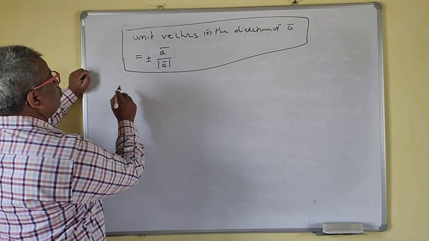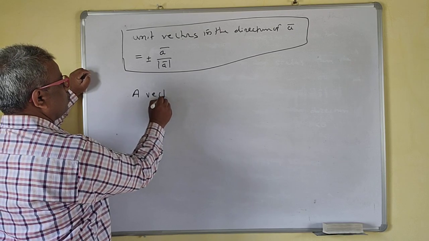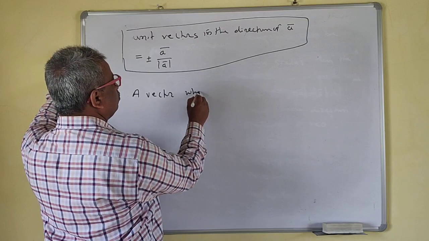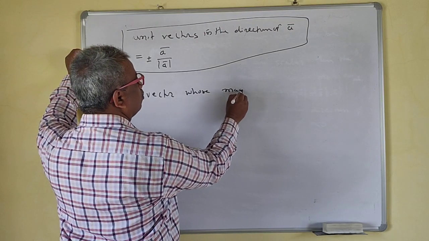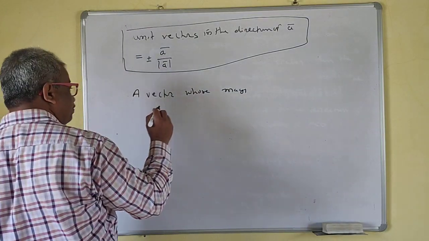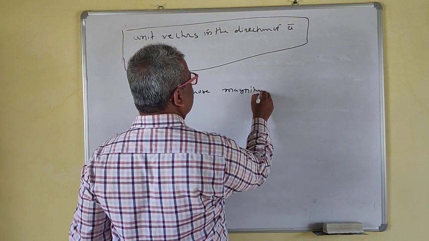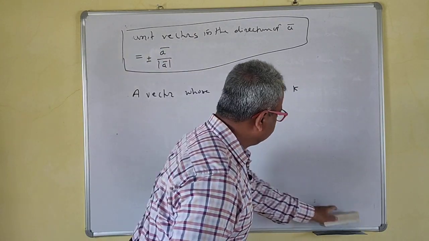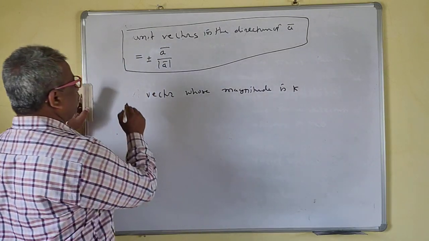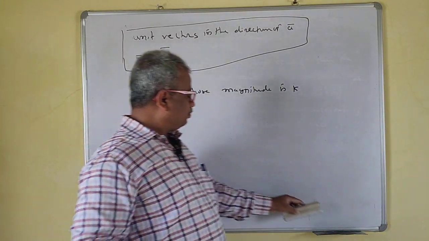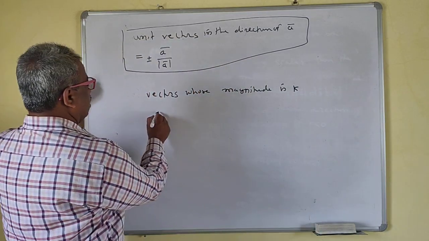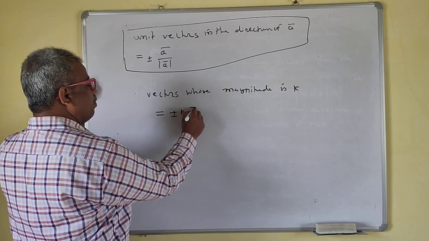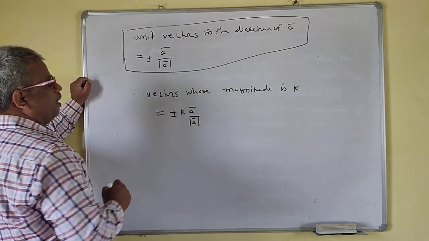Now, a vector whose magnitude is k. We'll say vectors whose magnitude is k is equal to plus or minus k a bar upon mod of a bar, right?